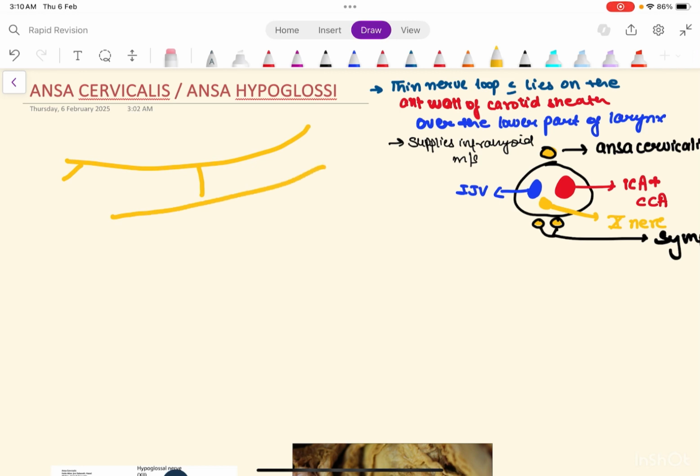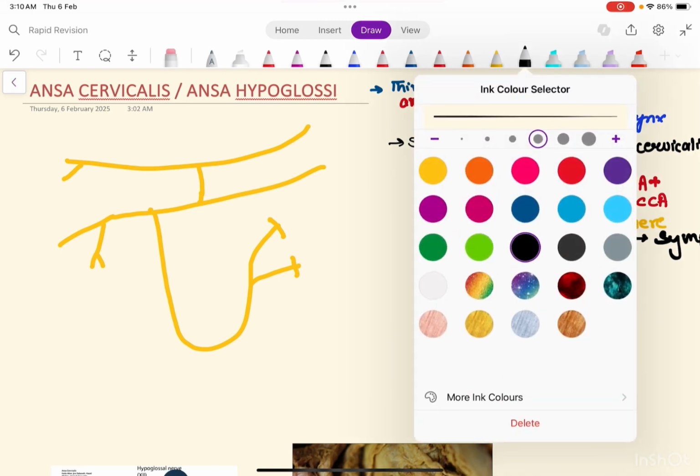Then we have a ventral ramus of C1, and it supplies two muscles, geniohyoid and thyrohyoid. Then we have a descending branch and rootlets from C1 and C2.